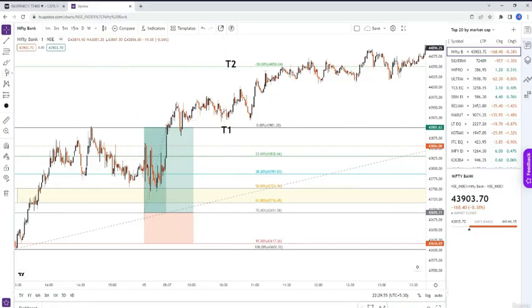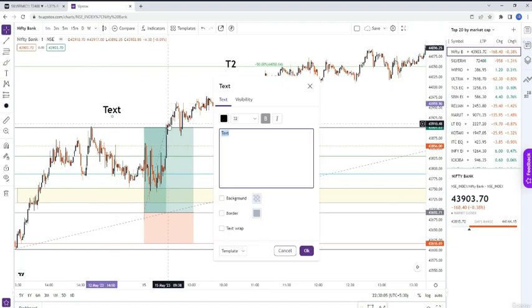What you can do: when T1 hits, if you are waiting for T2 and not trailing, then at least put cost to cost. So there are two target booking methods. Number one, book at T1 and trail.